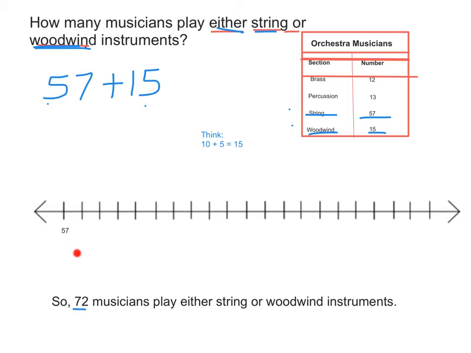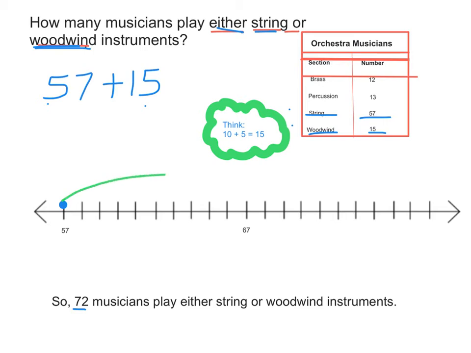So starting at 57, we know that this is our starting point right over here. Next, we think that 10 plus 5 will give us that 15.